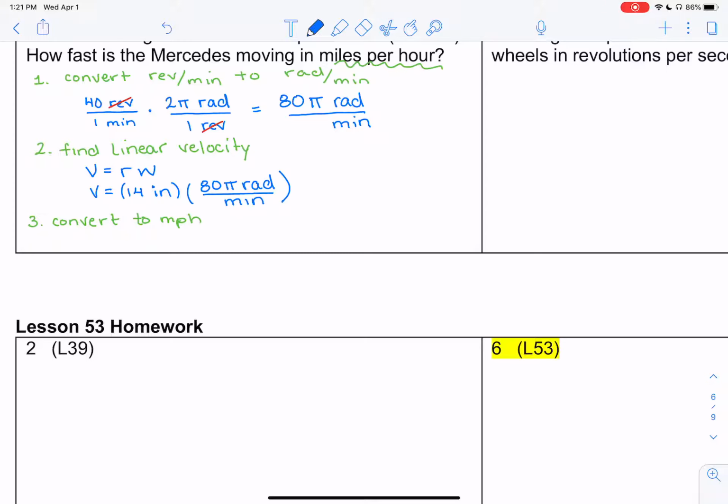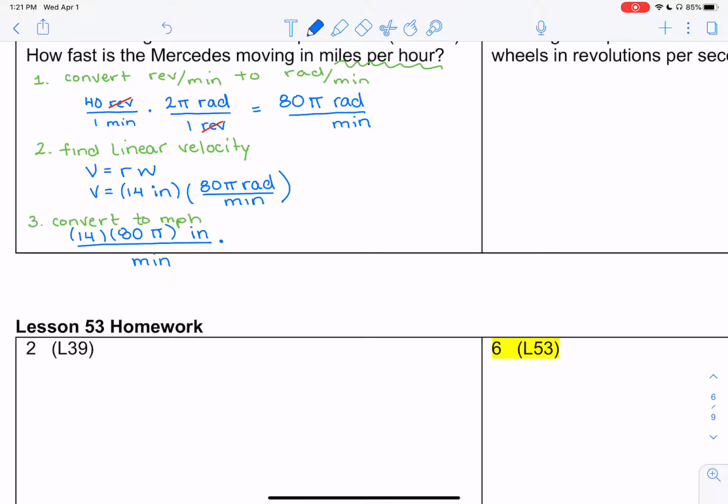So now we have 14 times 80 pi, and we also still have our inches over our minutes. Now you'll notice that I just let radians go away. We had talked about how radians and degrees, sometimes we're able to just let those come in or go as we need. So I am now ready to convert.